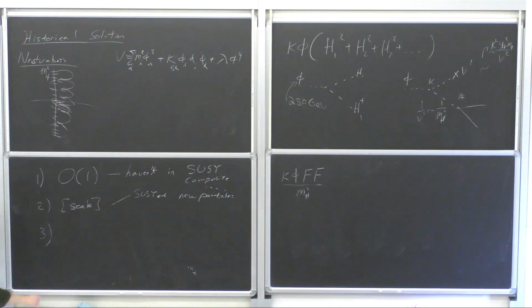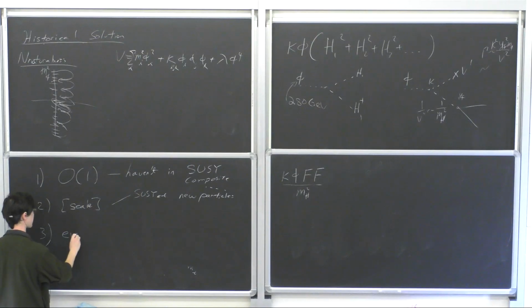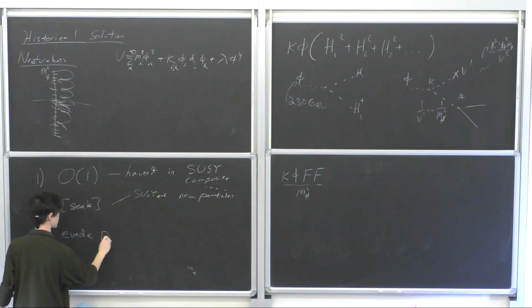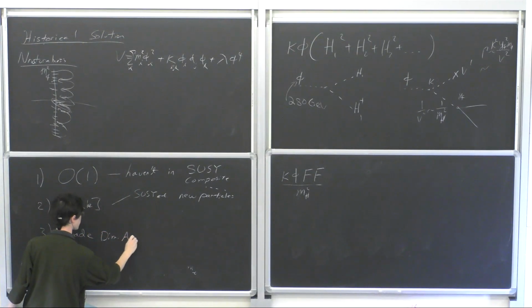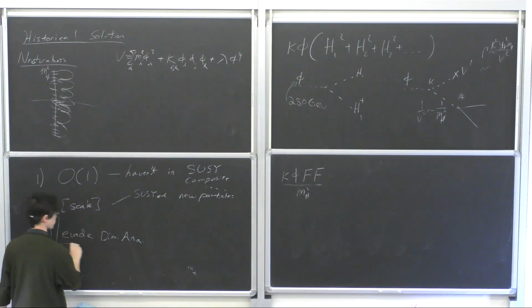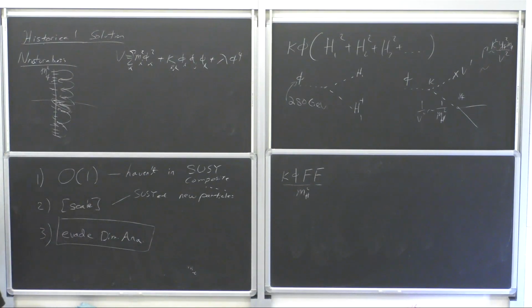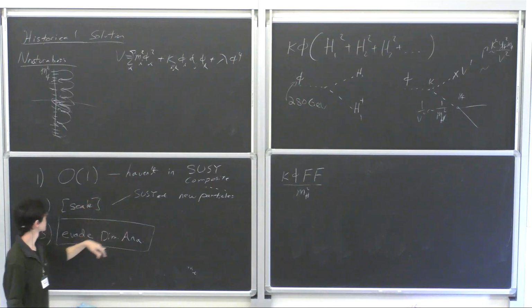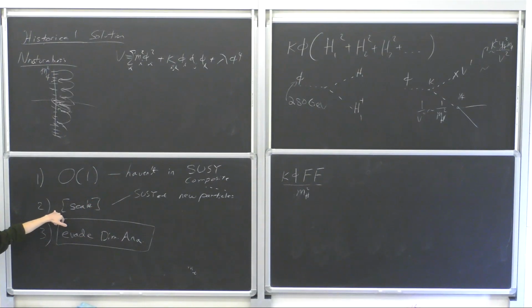And then the final one was trying to evade dimensional analysis, which is what we've been focusing on so far, right? Relaxation, historical solutions, this is really what we've been talking about. I haven't talked about how to show that you can get order 1 numbers in your favor instead of against us. And I haven't talked about, are there examples of making this scale harder to see?